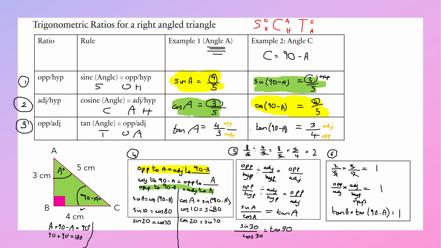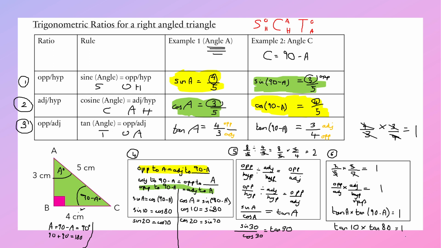So as you can see, 4/3 times 3/4, cancel out, and we're left with 1. An example of this, let's say if we have tan 10 times tan 80, that's going to give us 1.